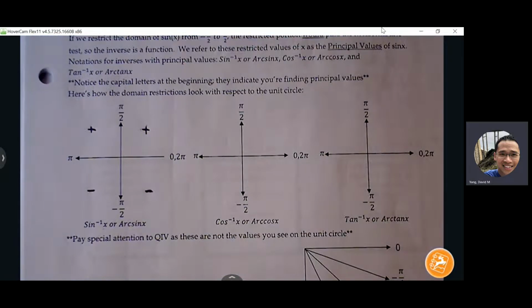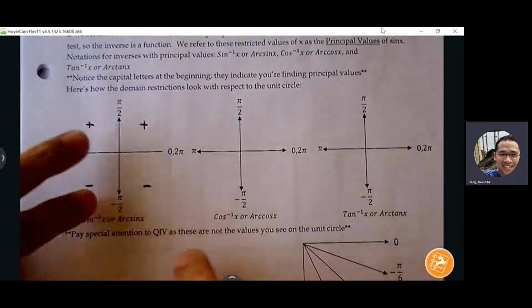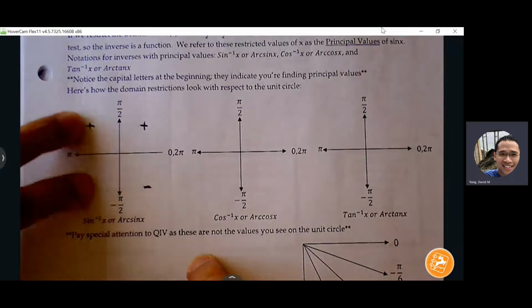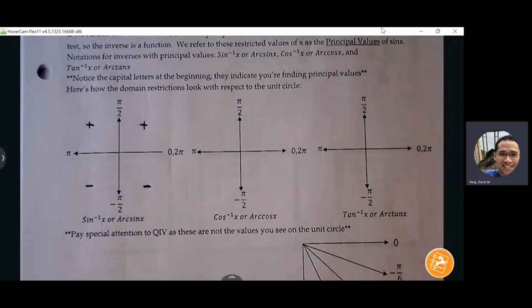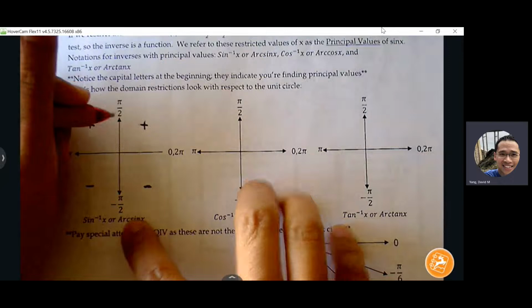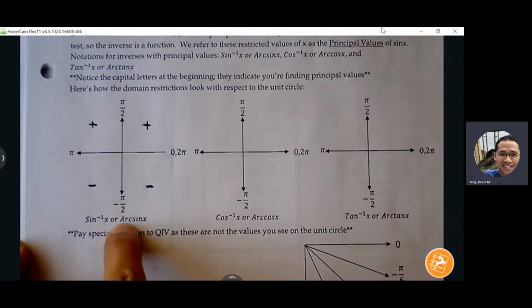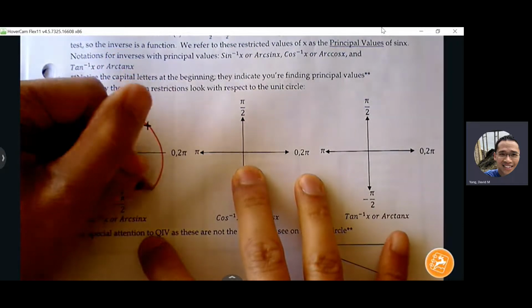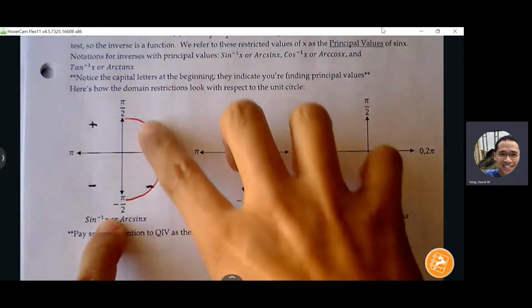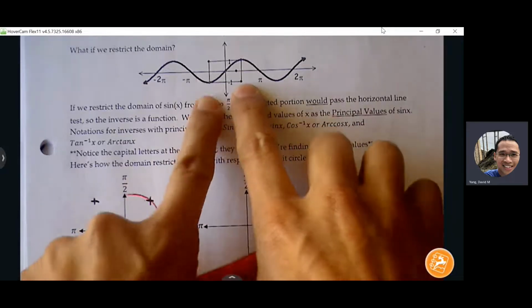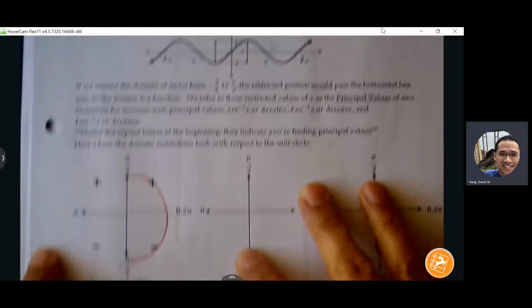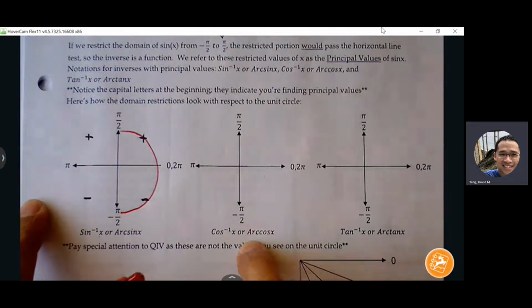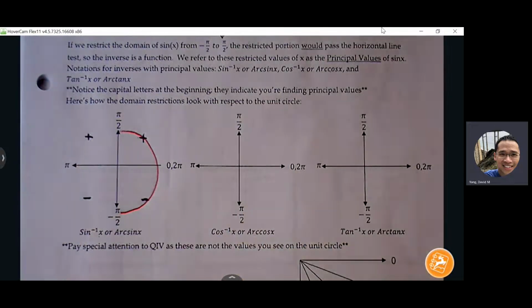Now, if we're talking about principal values, we're not going to look at the second and third quadrant because those are too far away from the origin and they are not part of our principal value domain. So if I ask you for arc sine with the uppercase A, then you're only going to provide values in this region between negative pi over 2 and pi over 2 in the fourth quadrant and the first quadrant.